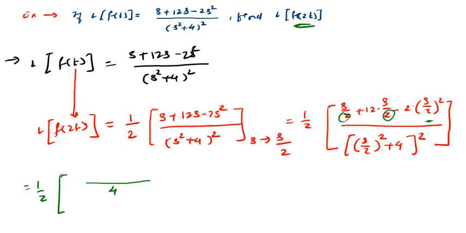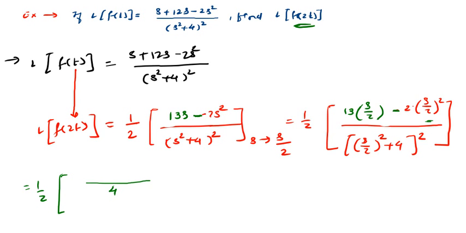So in the first term, s plus 12s is nothing but 13s, and this s will get replaced by s by 2, and this is minus 2. Still the LCM will be 4.